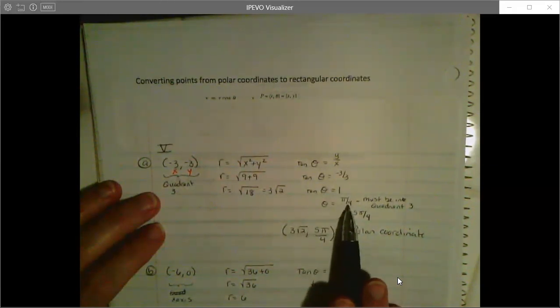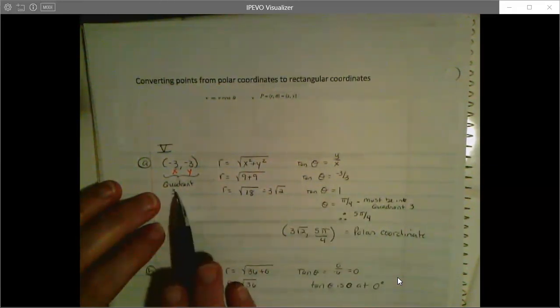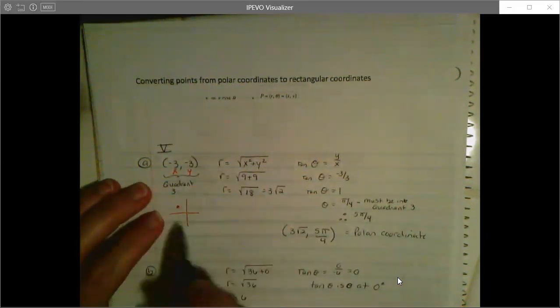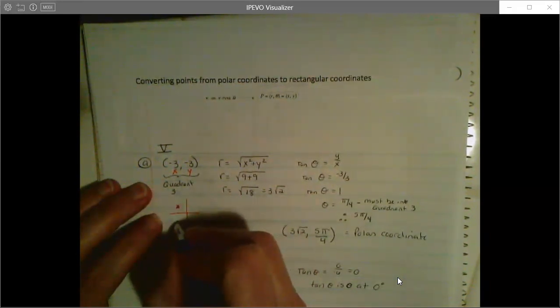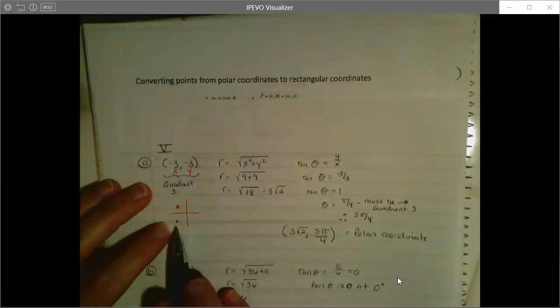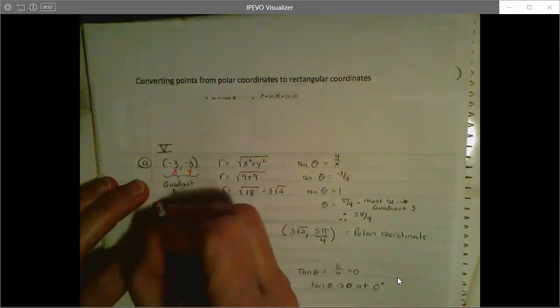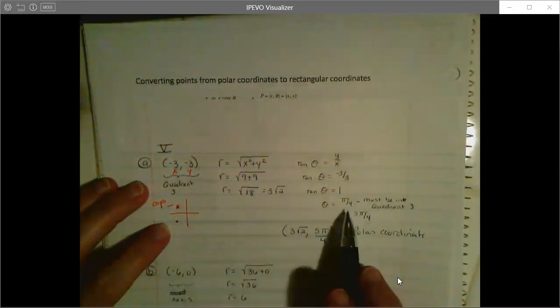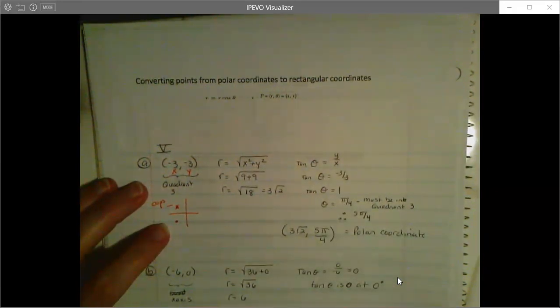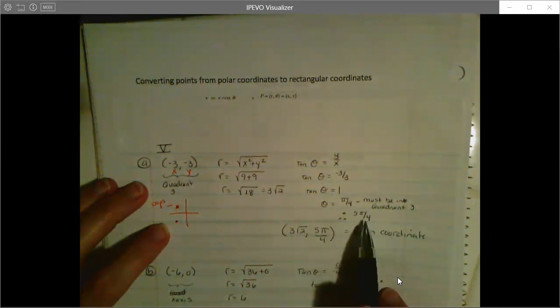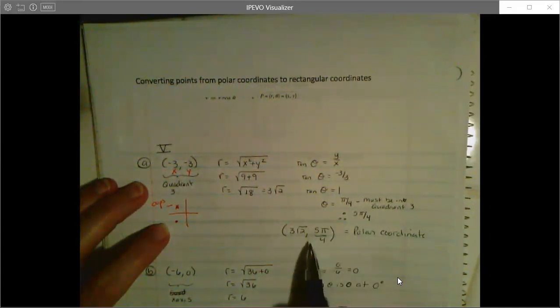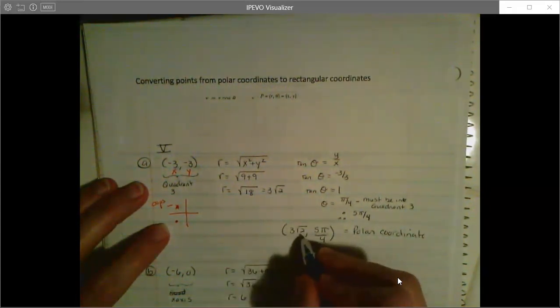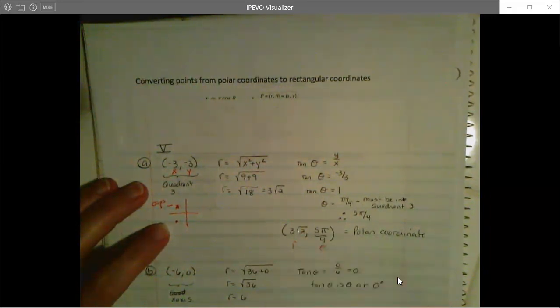At pi over 4, right? But we're in quadrant 3, because the ordered pair -3, -3 is over here in quadrant 3. So we need to figure out the equivalent to pi over 4 in quadrant 3, and the answer is 5 pi over 4. So my answer in polar coordinates is r is 3 square root of 2, and theta is 5 pi over 4.